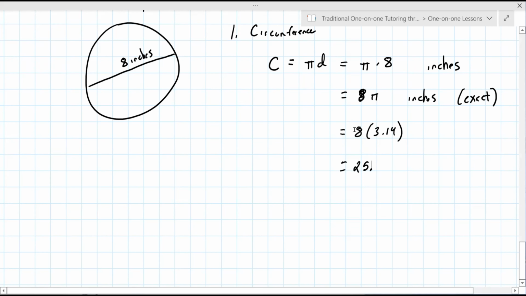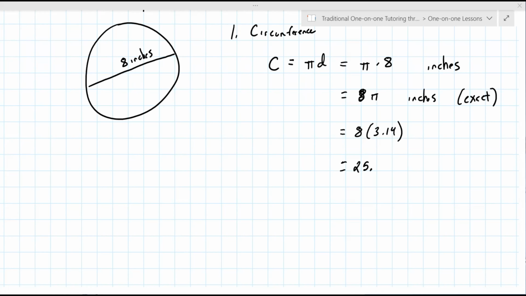Do you have a calculator in front of you? Yeah, 8 times 4 is 32, and then I got. What is your answer? My answer is 12.